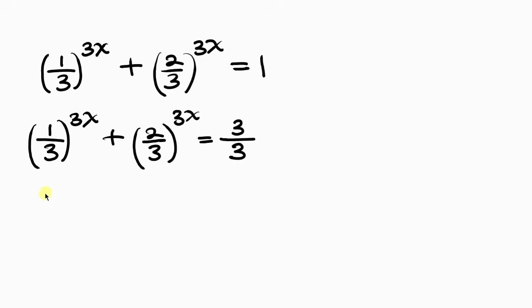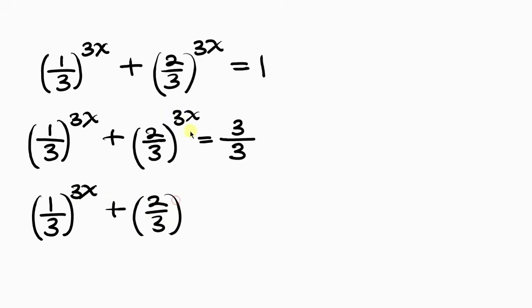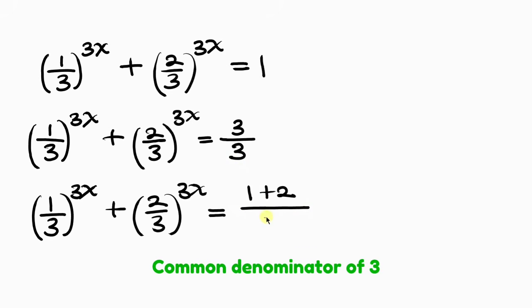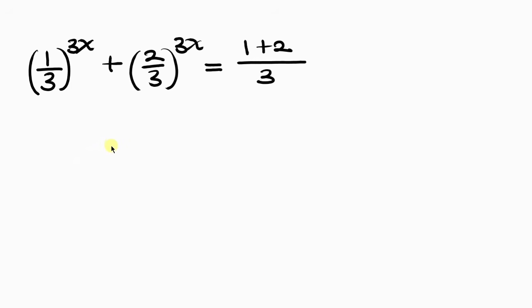So let's simplify further. We have 1 all over 3 all raised to the power of 3x plus 2 over 3 all raised to the power of 3x to be equal to, now we can split this 3 into 1 plus 2, all over the common power of 3. Very good. Now it is looking better.